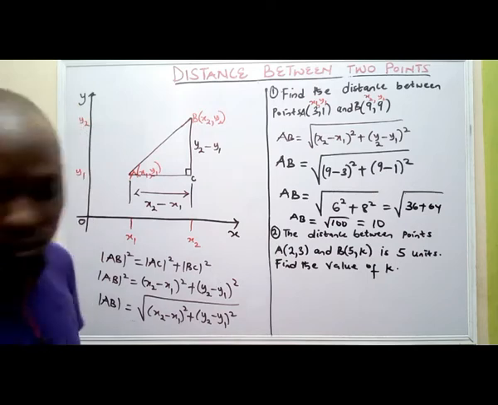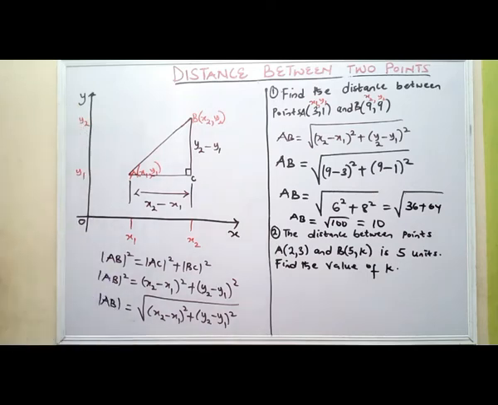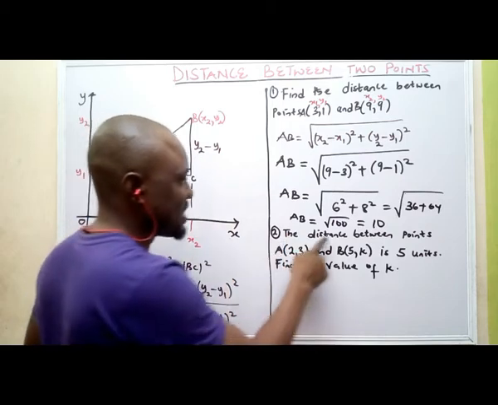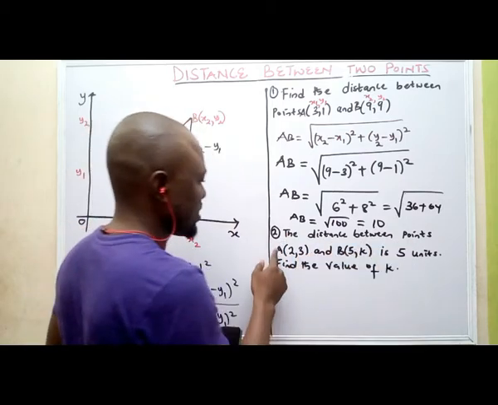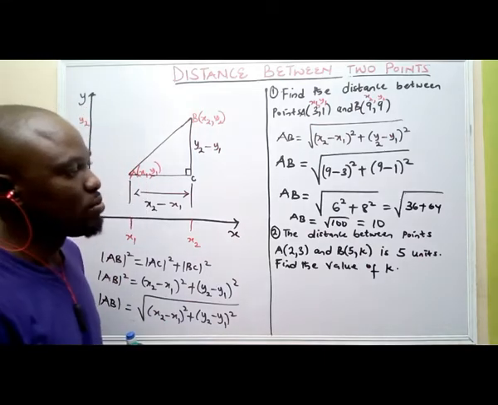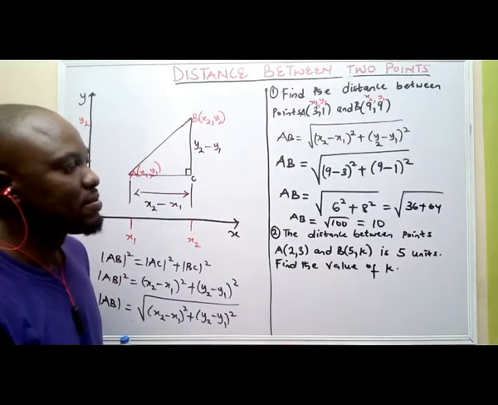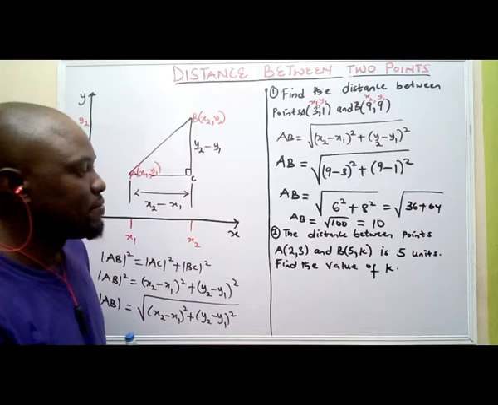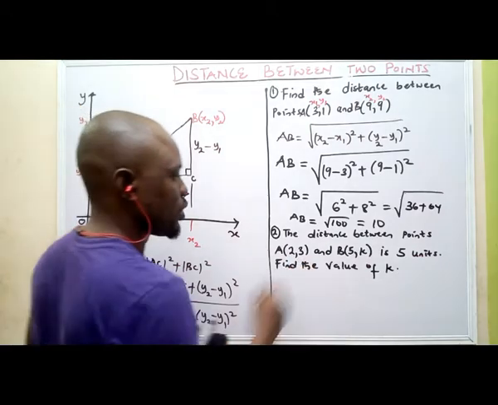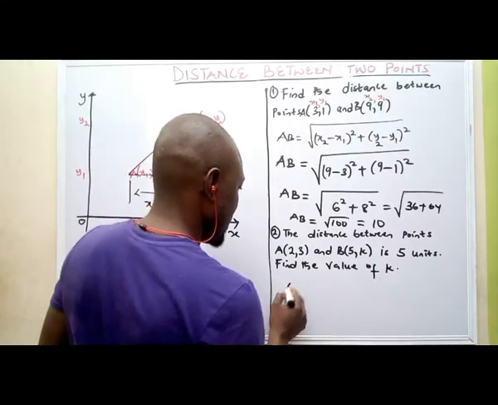Now I want to solve the second problem. Now if you look at the second problem, it says that the distance between point A 2, 3 and B, 5, K is 5 units. Find the value of K. Now I already have 2 points, which is AB.